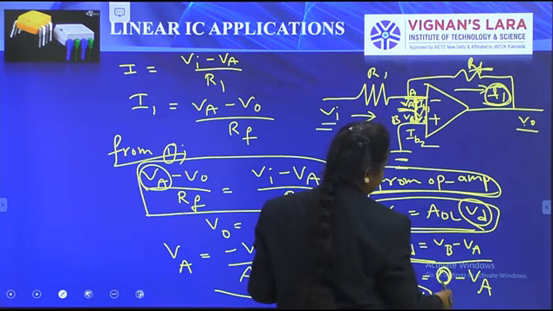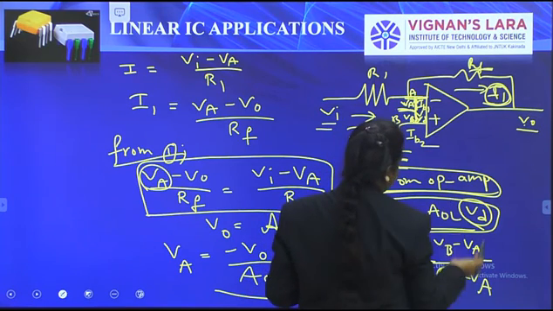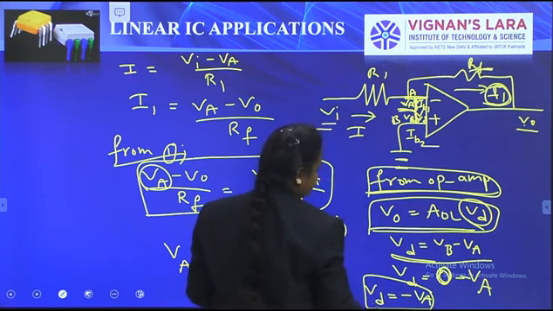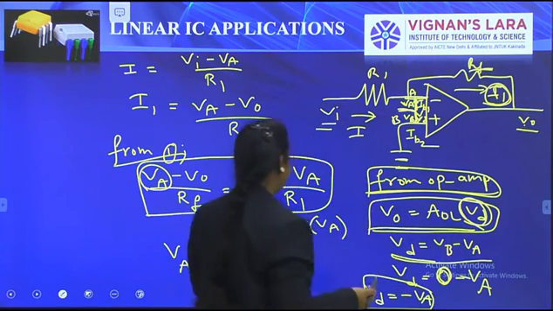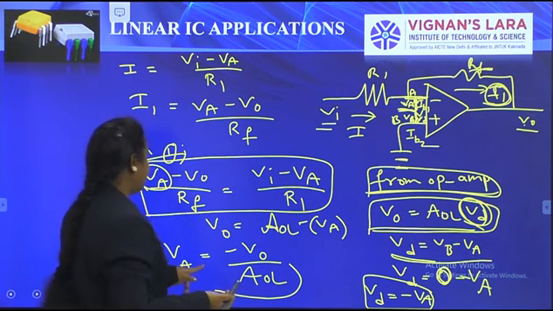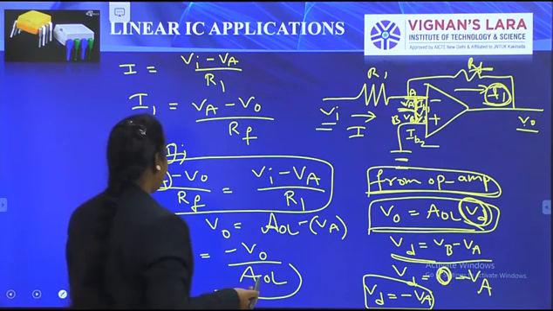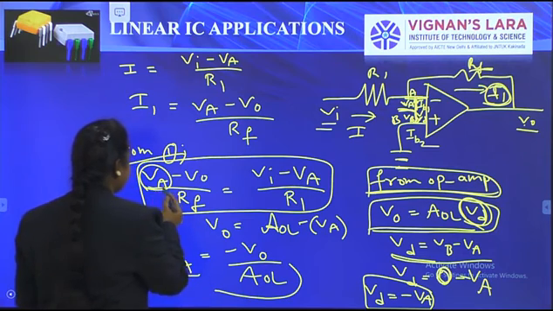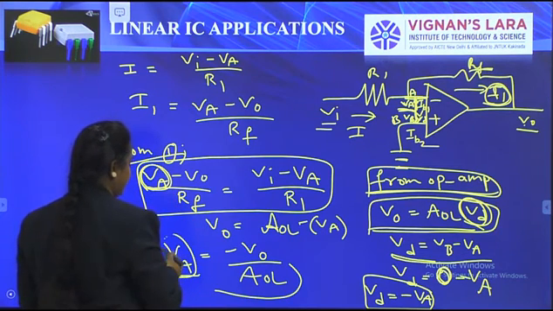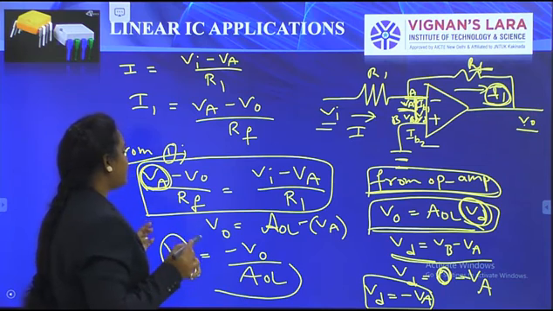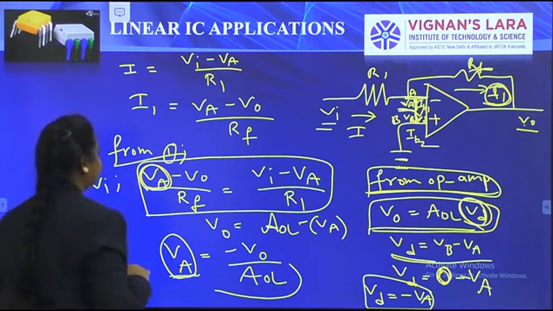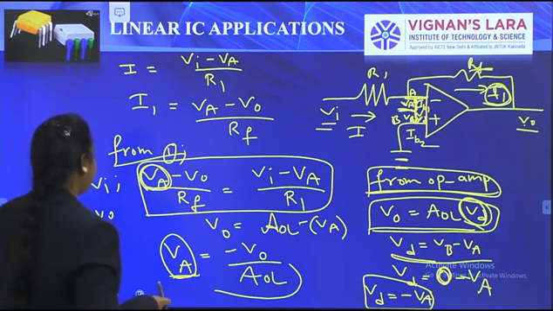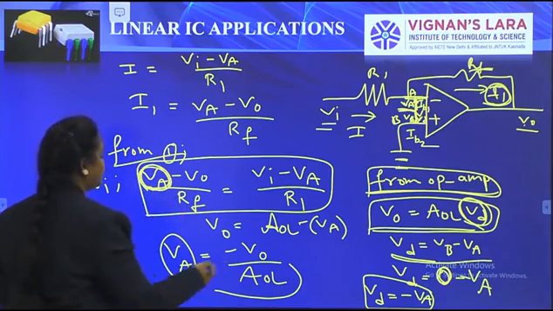In the place of VD, I substitute minus VA, so VA is equal to minus V0 by AOL. For simplification, I want only the Vi and V0 terms in the equation and don't need the VA term, so I convert it into a V0 term by substituting VA as minus V0 by AOL.